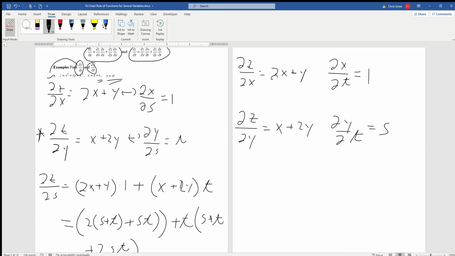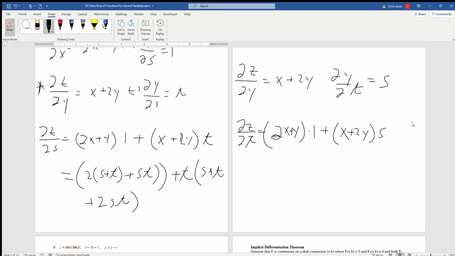And so now partial z partial t is going to be equal to (2x plus y) times 1 plus (x plus 2y) times s.